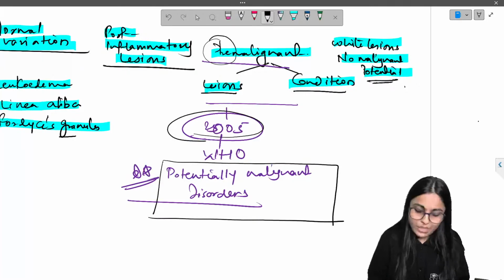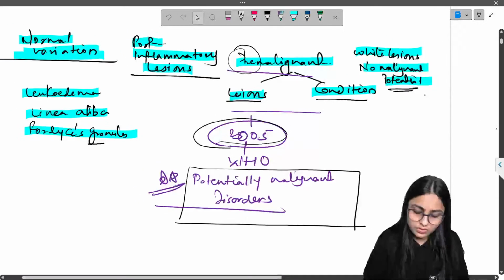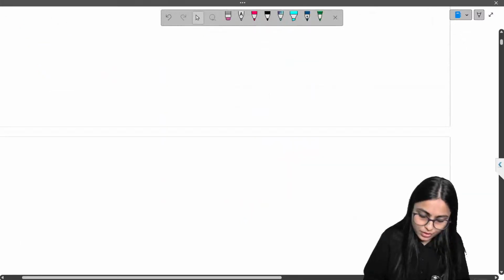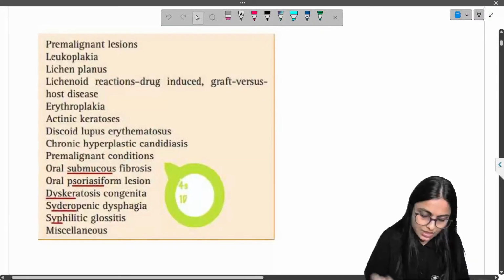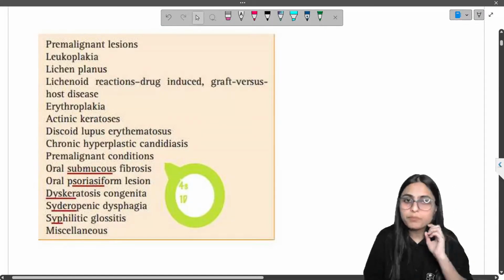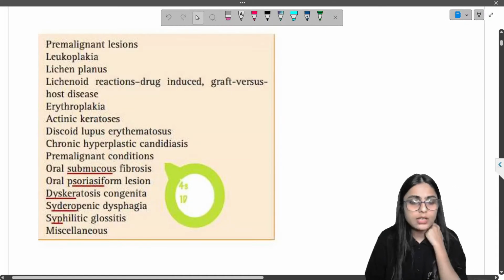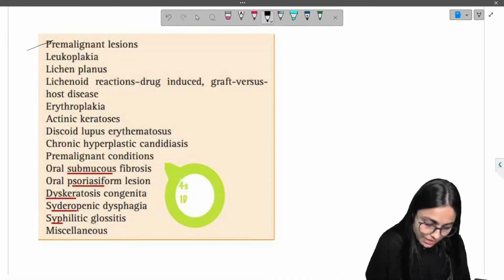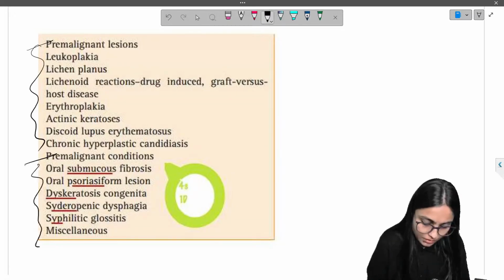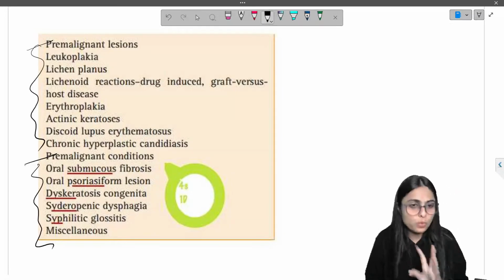But I have put up this table. This is from Ongal, and they have still given pre-malignant lesions and pre-malignant conditions. So just go through it once.